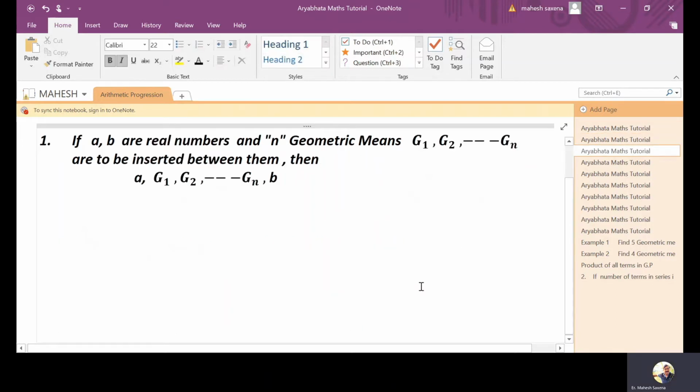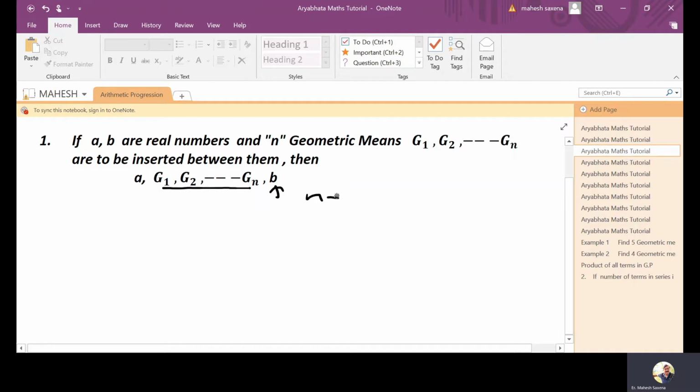Now, suppose we have to insert n geometric means between two numbers A and B. Suppose G1, G2, up to Gn are the n geometric means inserted between A and B, then B will be the (n plus 2)th term. Therefore, T(n+2) is equal to A into r to the power n plus 1.